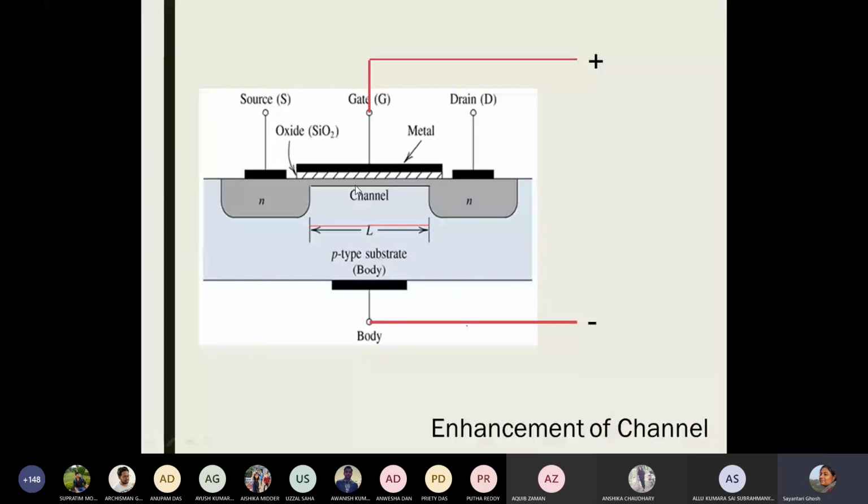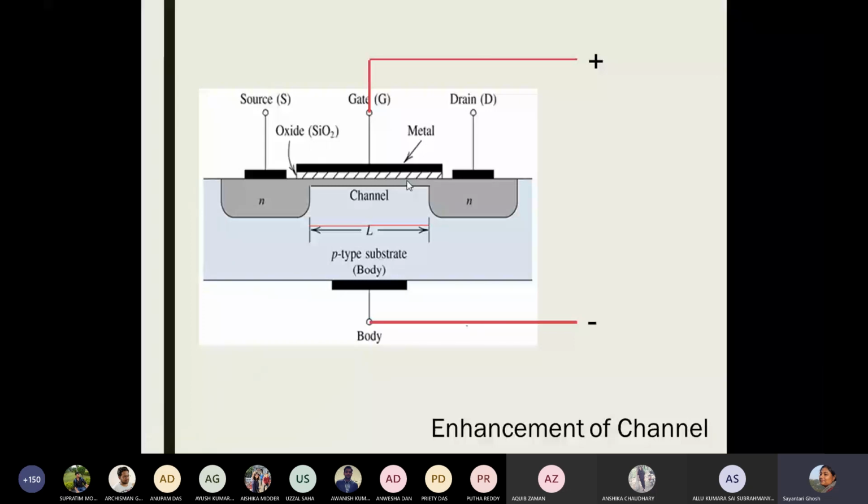This portion is not a p-type material anymore, because here you have quite a large number of electrons. Electrons are majority there and holes are minority because they are pushed down. This is how the oxide layer helps in creating a channel where there was no channel to begin with.